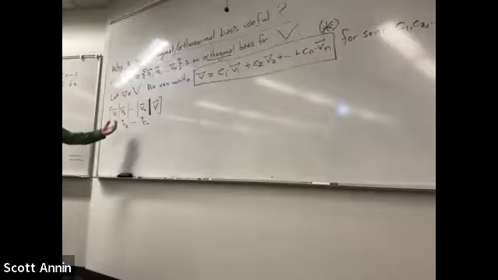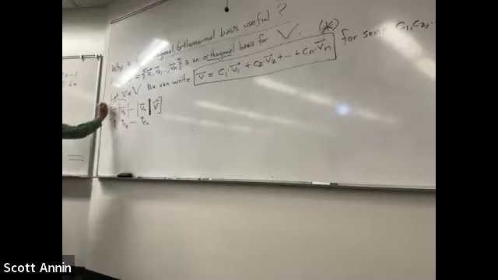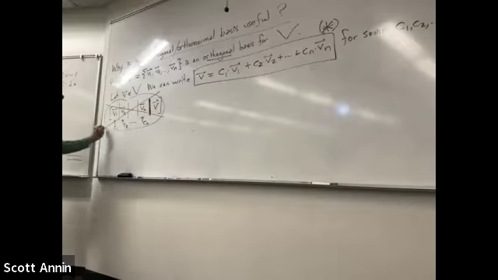I have to do a bunch of EROs, and the back substitution process could be messy too. It turns out that when you have an orthogonal basis, there is another way to get your constants without doing any of that. I'm going to show it to you right now.